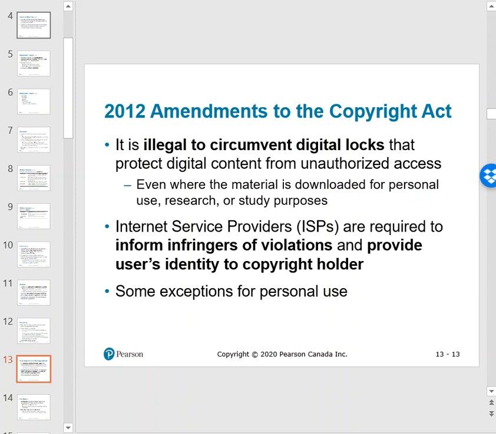Another aspect that was important to this amendment is that the internet service providers, also known as ISPs, are now required to inform subscribers or infringers, violators, of the violation they made, and they also have to provide to the copyright owner the violator's identity and contact details.